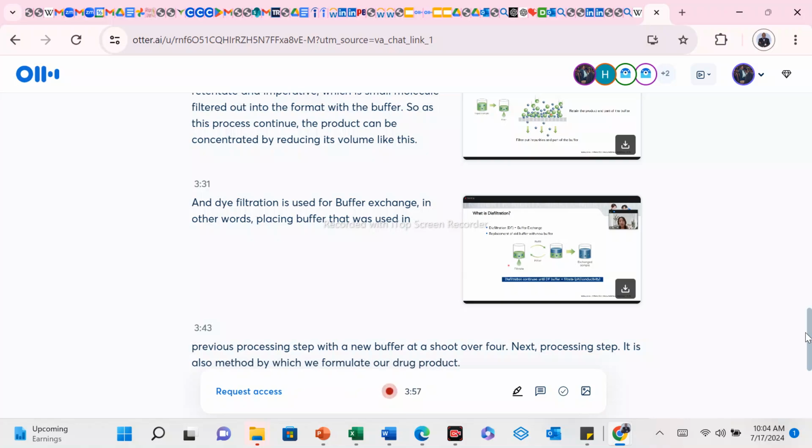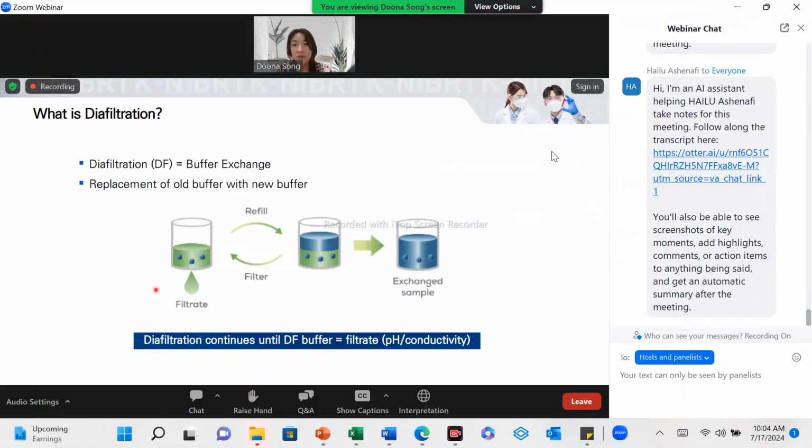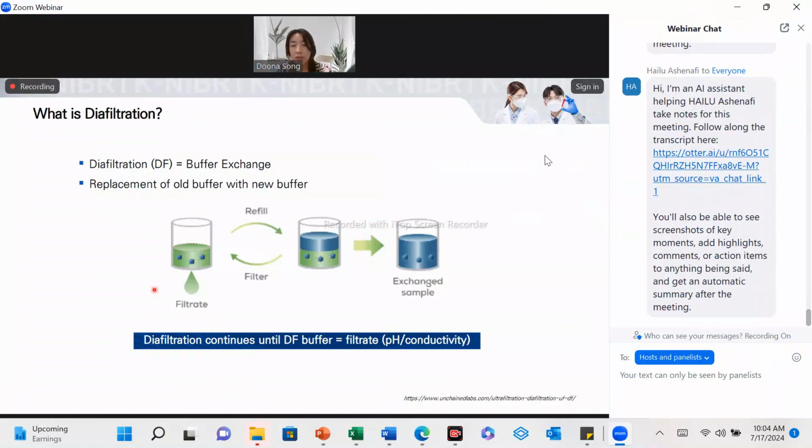It involves adding the fresh buffer, called diafiltration buffer, to the old solution, simultaneously filtering out small impurities through the membrane. This process is repeated several times to achieve the desired level of purification.